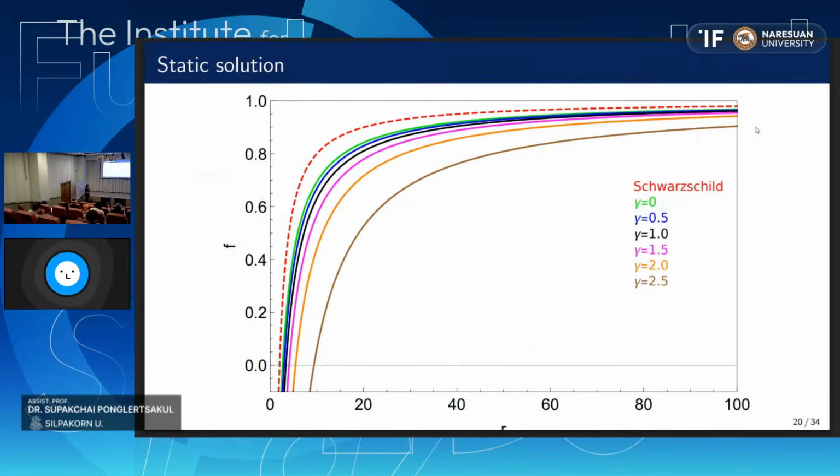Remember, gamma is the Dehnen profile parameter, which controls the stiffness of the profile, and we see that there is only one horizon, and it is asymptotically flat because it goes to 1 when r is very, very large.